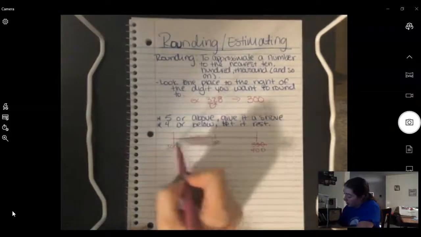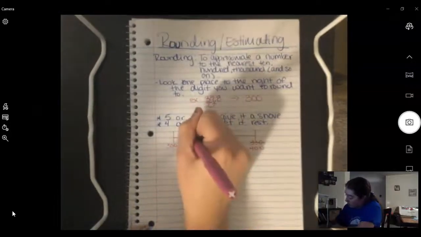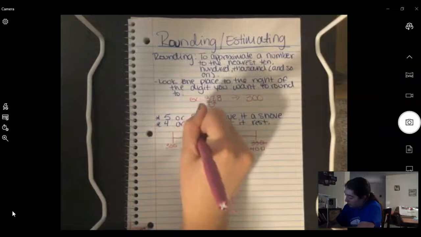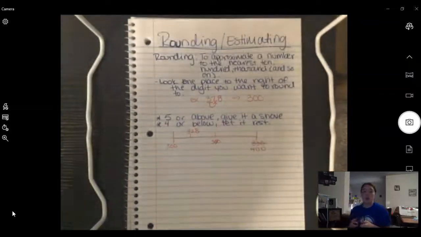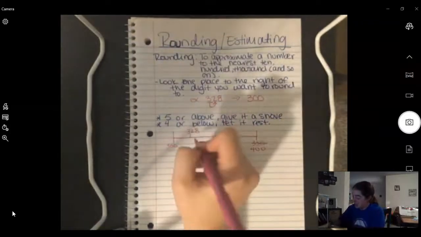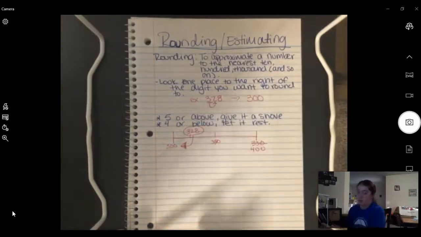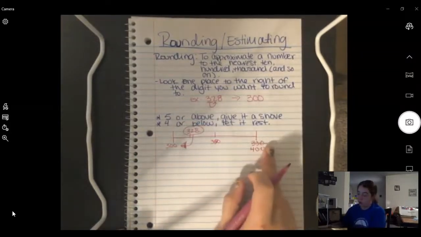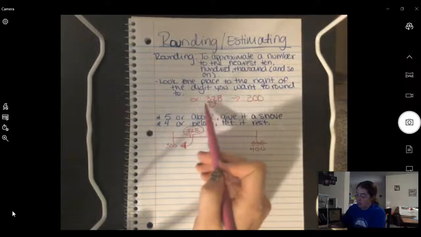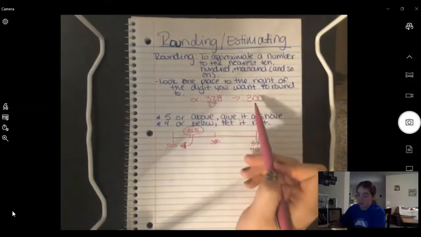Well, we know that somewhere between 300 and 350 is 328. So we can see that 328 is much closer to 300 than it is to 400. That is why this would be rounded down.